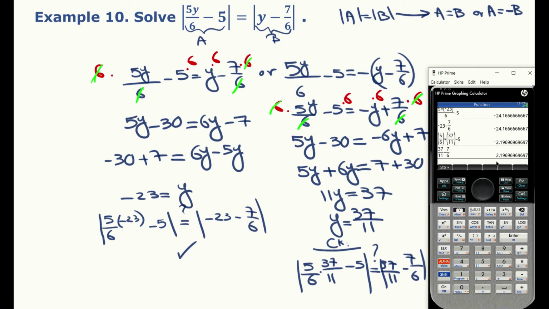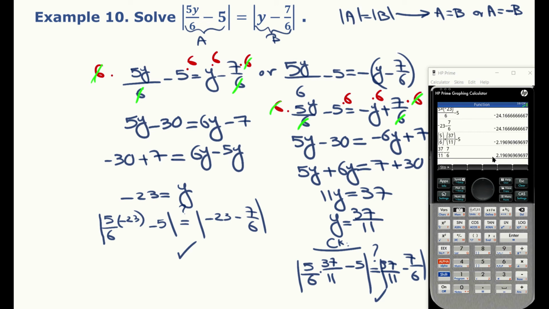All right, so notice we didn't get that, but we got its opposite, which is fine, because remember, the absolute value of this is in fact going to be the positive, and so is the absolute value of that. So both of those, once you take the absolute value, will become the same number, right? This number right here. So this one checked out as well.